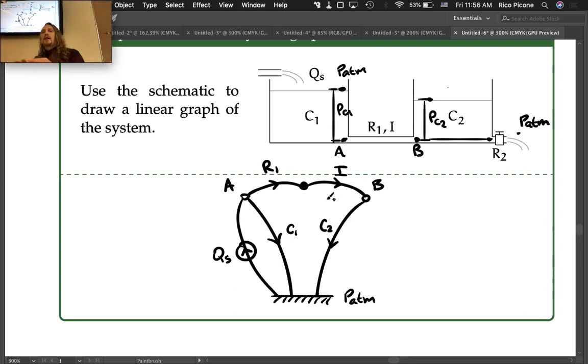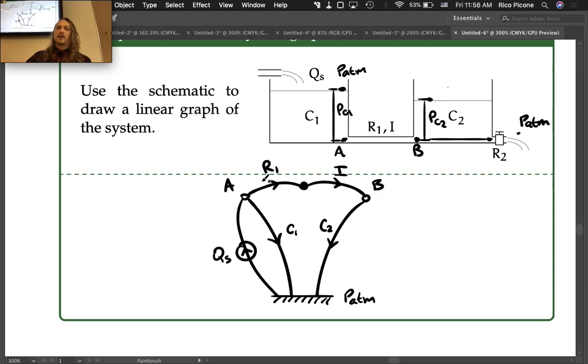And the reason I'm going to argue that this is better than going in parallel is that the fluid inertance stores energy in its volumetric flow rate, right? And the volumetric flow rate, when you go through both of these elements in series, is going to be the same for each of them.